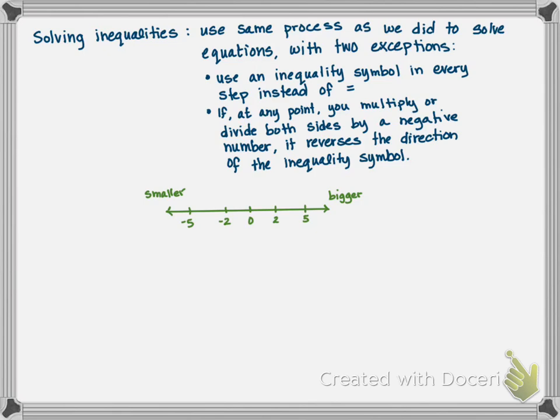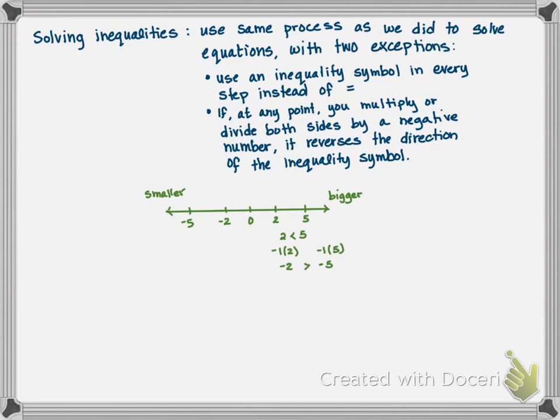So if we look at 2 and 5, we all kind of know that 2 is less than 5, yeah? If I multiply both sides of that inequality by -1, that gives me -1 times 2 is theoretically less than, I'm just not going to write a symbol, and then -1 times 5, which gives me -2 and -5. Well, what's the relationship between -2 and -5? -2 is bigger, right, because it's further to the right.